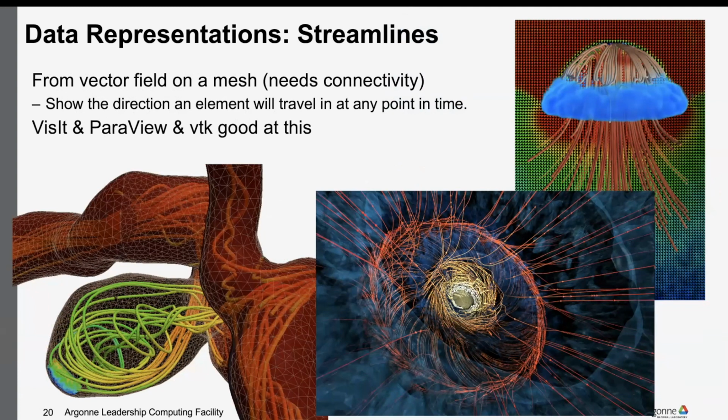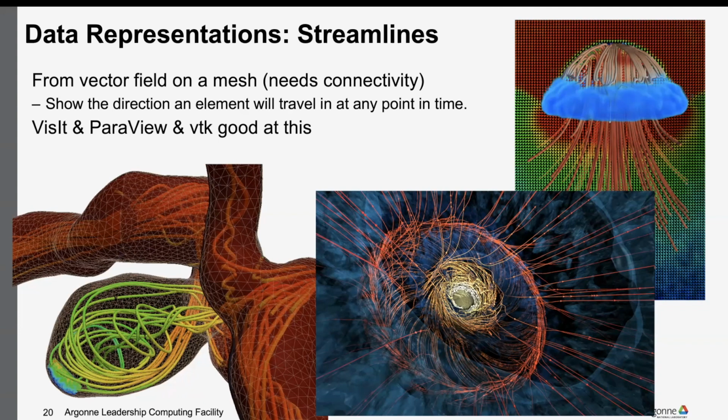So streamlines, essentially, this is a way of representing a vector field that's on a mesh, right? So you need connectivity in order to generate streamlines. And what it's doing in this case is showing the direction that an element would travel at any point at a single point in time, right? So within a single time step, I place a bunch of seed points into my mesh, look at the vector field there, where do those things point, follow that vector along and see where it would land within the same time step.